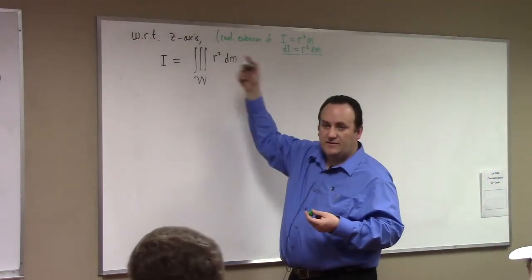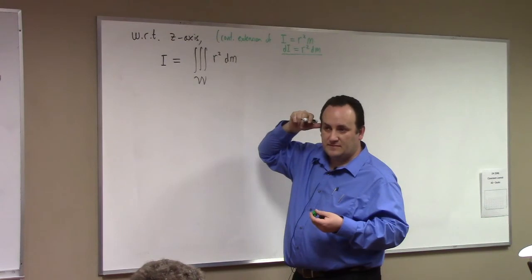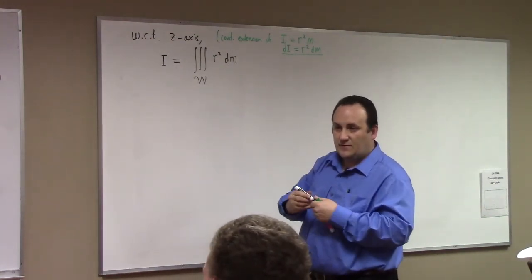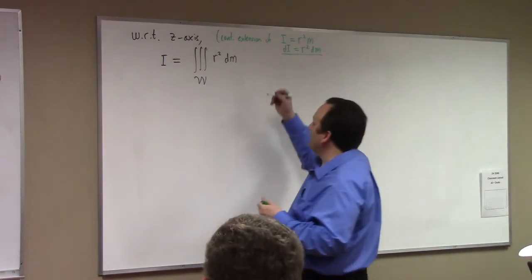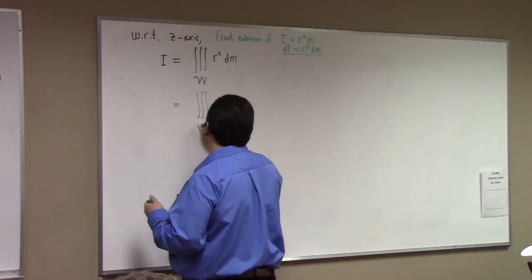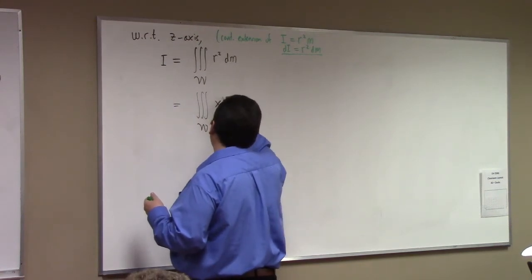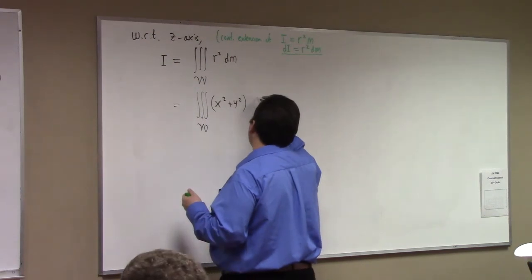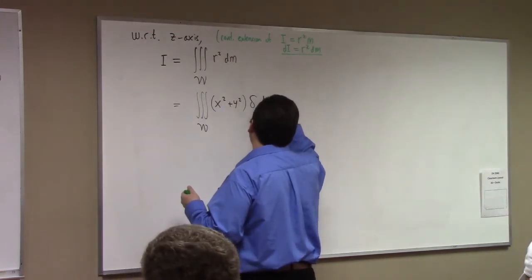Again, how do you calculate an integral over dm? You don't. What you do is you convert this to the appropriate volume integral. The appropriate volume integral is precisely the integral over W of x squared plus y squared, times delta dv.